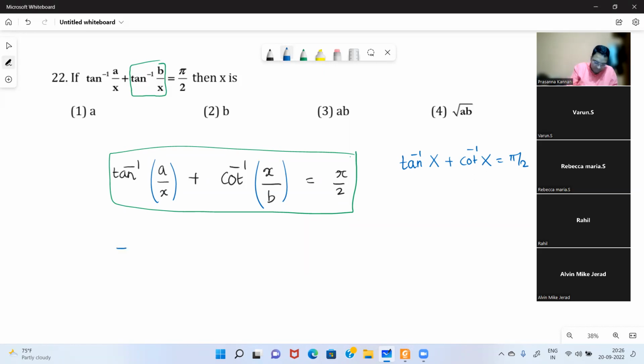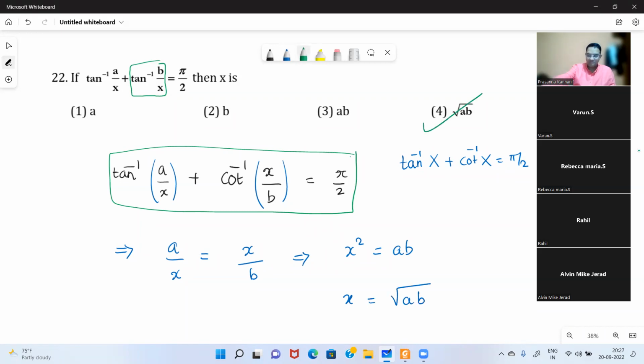This implies a by x must be equal to x by b. Therefore, if you just cross multiply, x square will be equal to ab. So therefore x is equal to root of ab. Which option? 4. Yes, this will be the simplest.